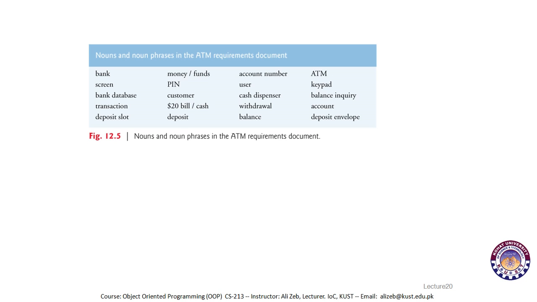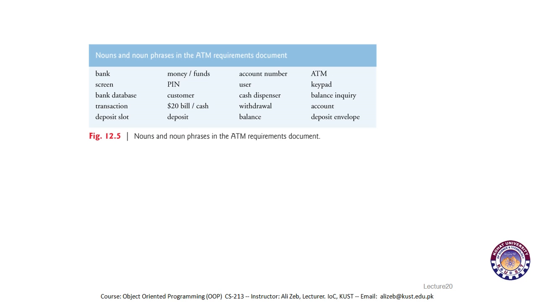deposit envelope. Almost all of the nouns and noun phrases from our earlier requirements document have been picked and listed in this graphic that you can see. Now some of these might become our classes, and when we develop the software, some of these might become attributes within those classes, and some we might discard altogether without using them in our program.